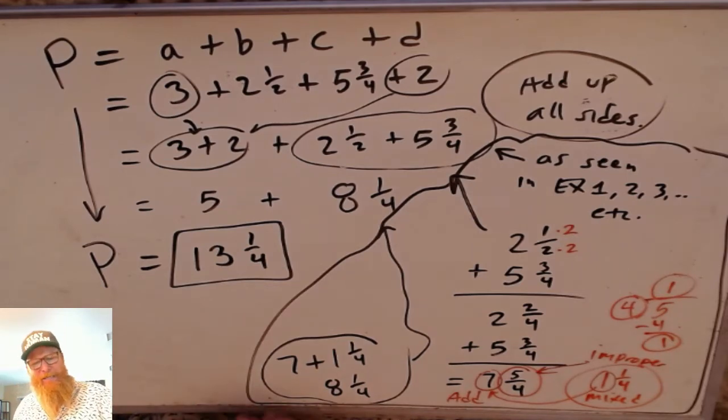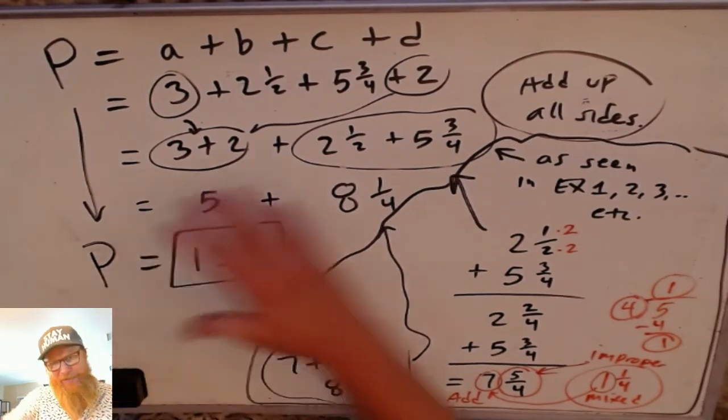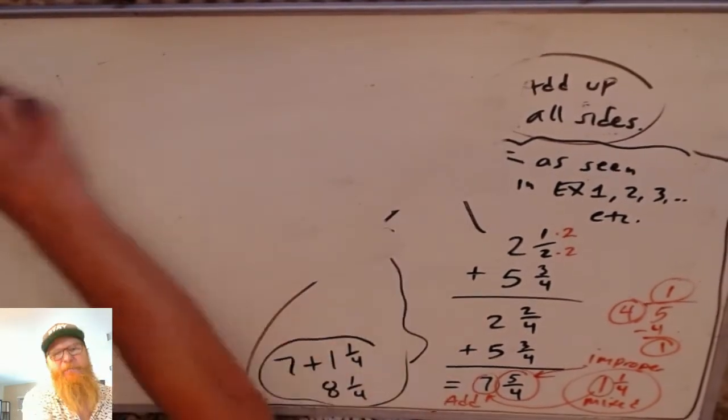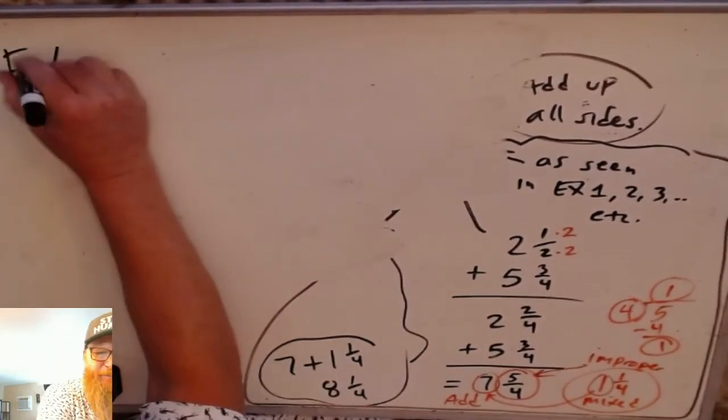All right, well, that's the idea of perimeter. Want to do another one? I'm sure you do. That was kind of a weird one because it's a trapezoid. Trapezoids, typically all the sides are different.